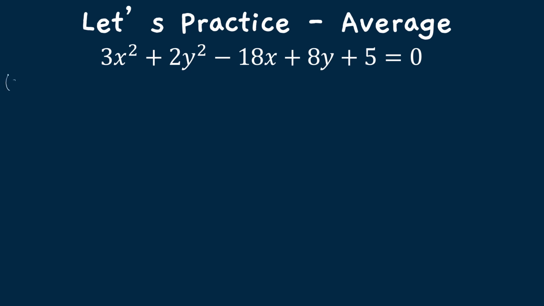So that is 3x squared minus 18x plus 2y squared plus 8y is equal to 5. But since 5 is moved from the left side to the right side of the equation, it should be transposed, or you will change the sign from positive, it will become negative 5 instead.